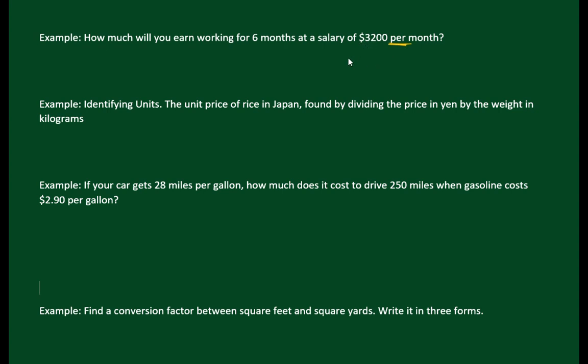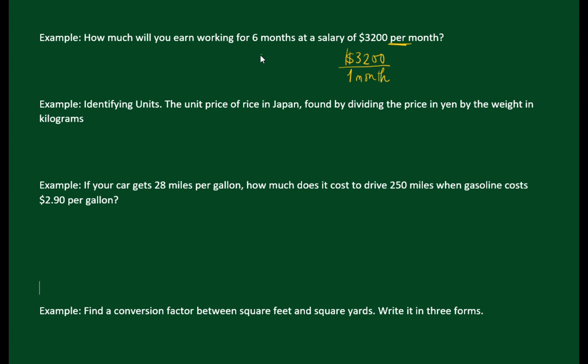So $3,200 per month can be written in the form $3,200 per 1 month. This is the unit salary, the salary per month. So this is the notation that we use for this phrase.